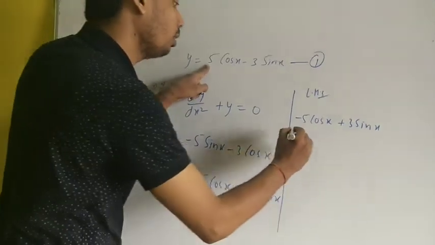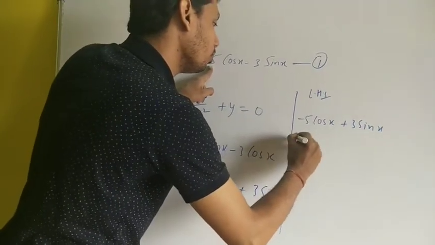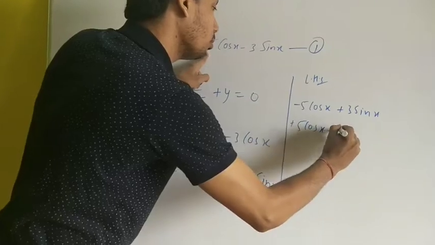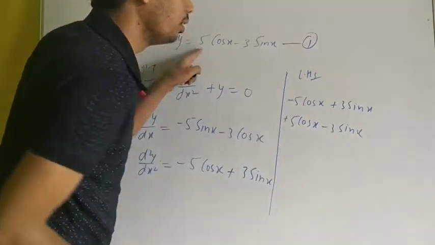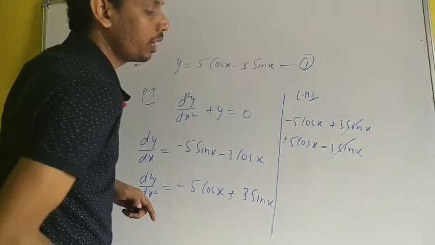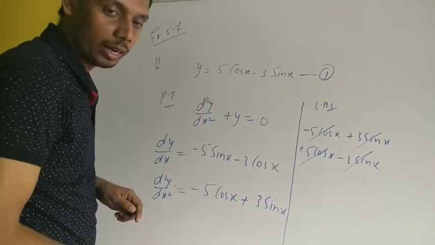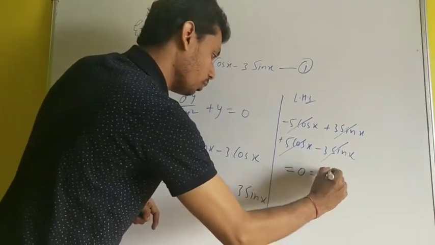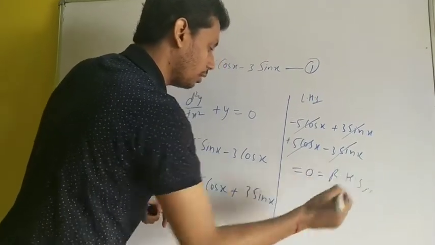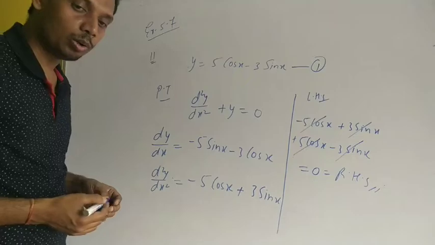What is the value of y? Plus 5 cos x minus 3 sin x. Now see, this minus 3 sin x plus 3 sin x cancel, plus 5 cos x and minus 5 cos x cancel. So this is equal to 0, equal to RHS. So this is all about question 11.